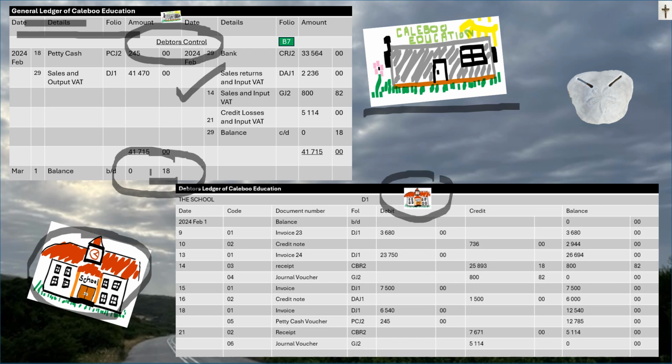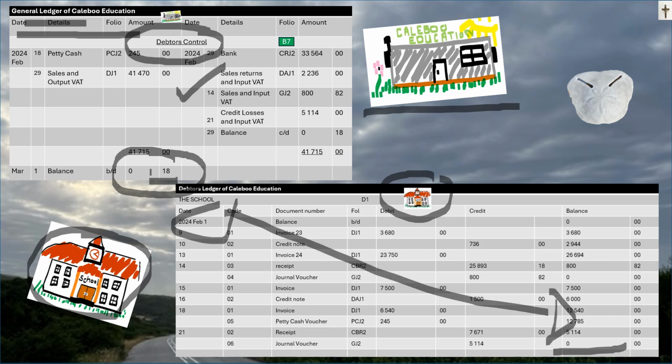Now Caleboo Education only has one debtor, the school, right? The school has an account with us, and if we look at the final balance there, it is 0. As you can see, these two balances should be equal, and they're not.